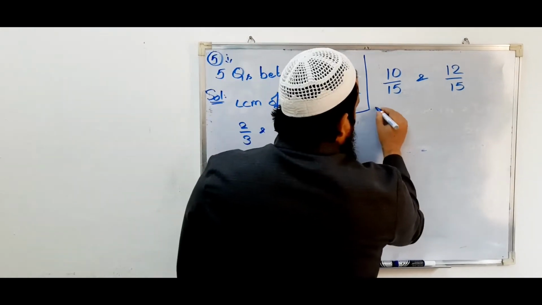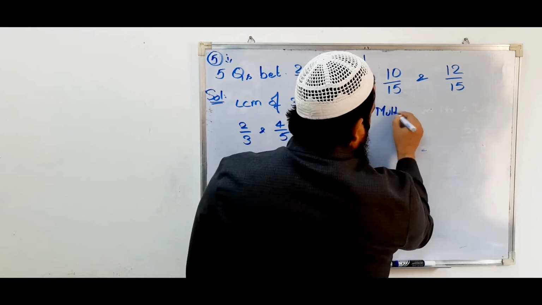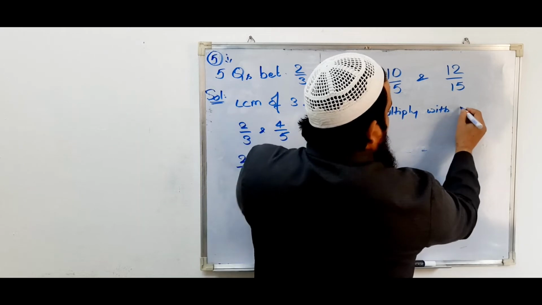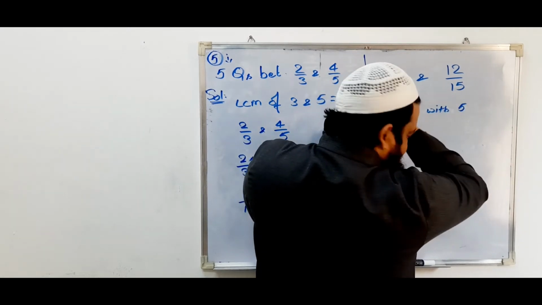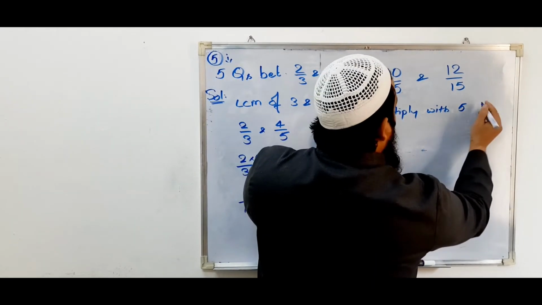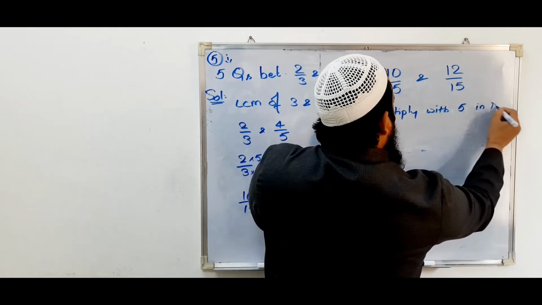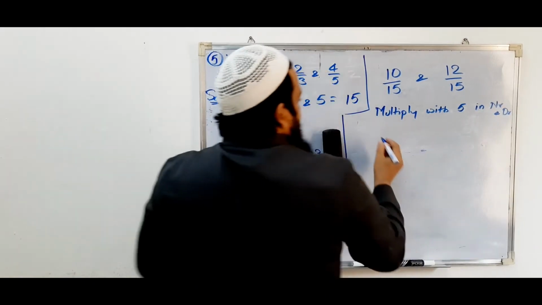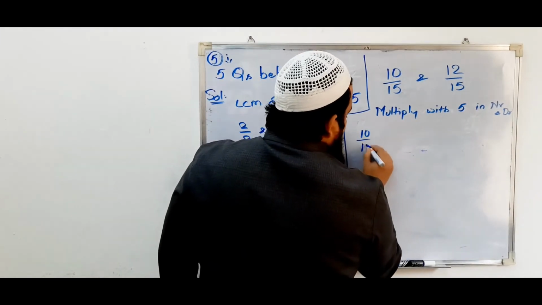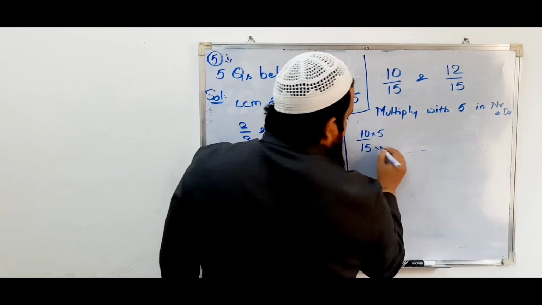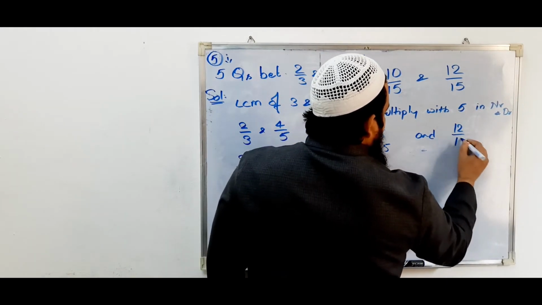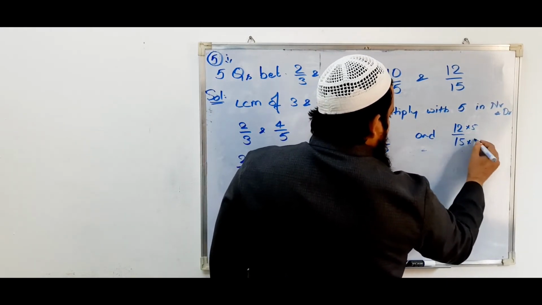So multiply with 5 in numerator and denominator. So 10 by 15 times 5 times 5 and 12 by 15 times 5 times 5.